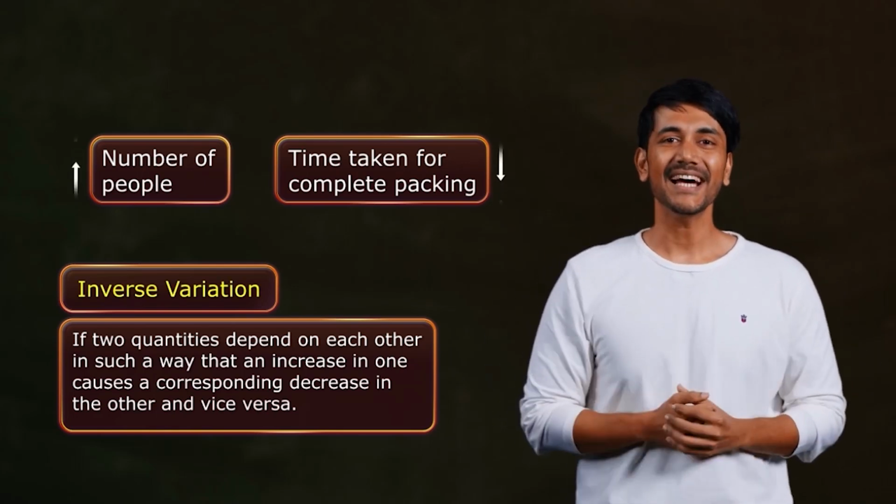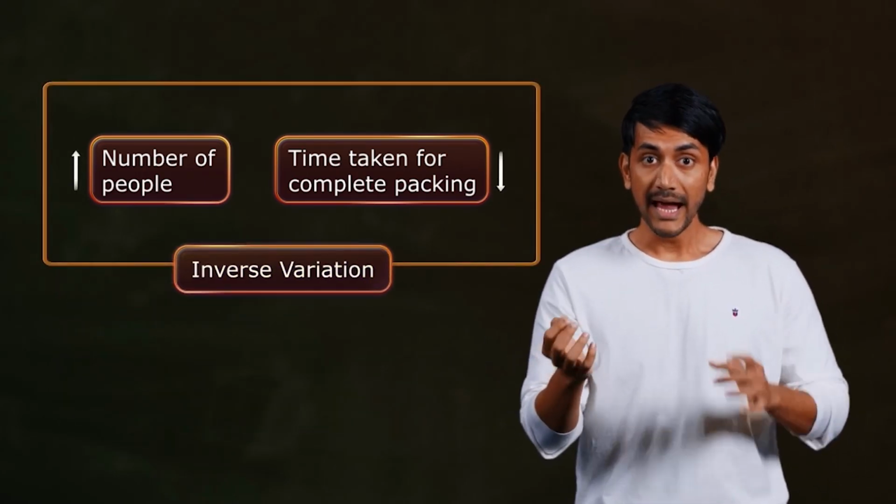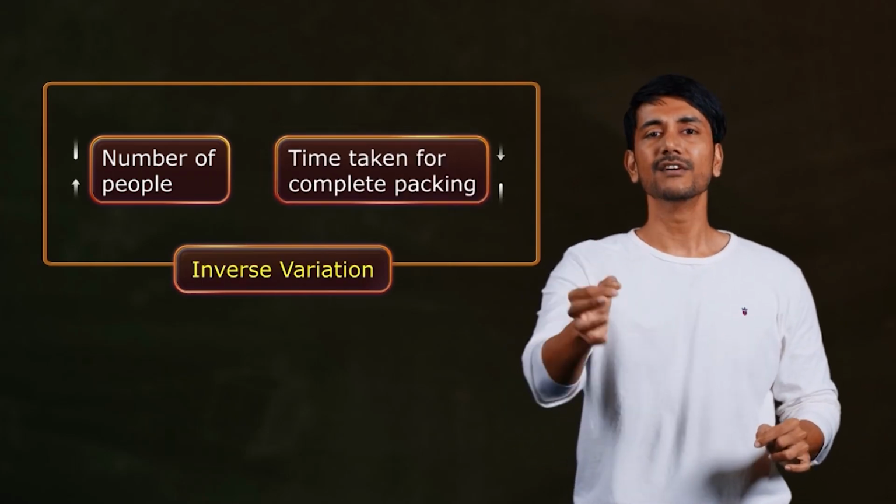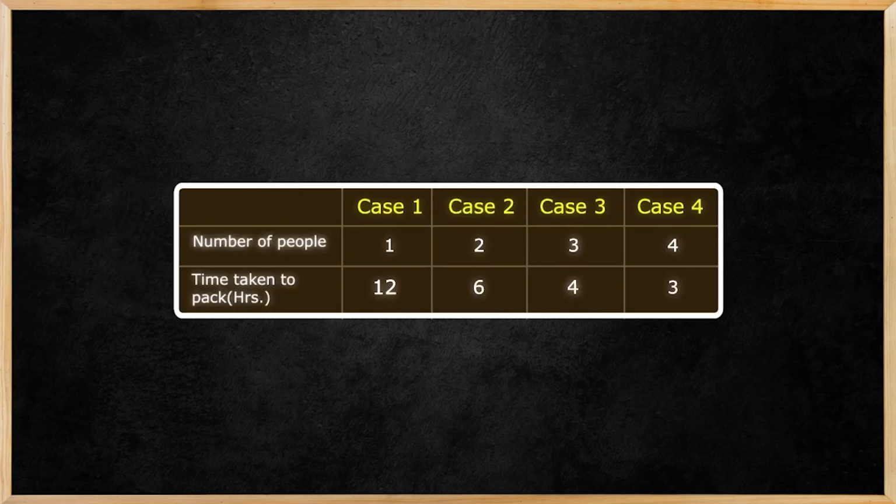So, we can say that the number of people and the time taken for them to complete packing are in inverse variation. Now, if we check the values of the quantities in each case from this table, we can observe something important. Let me show you what it is.